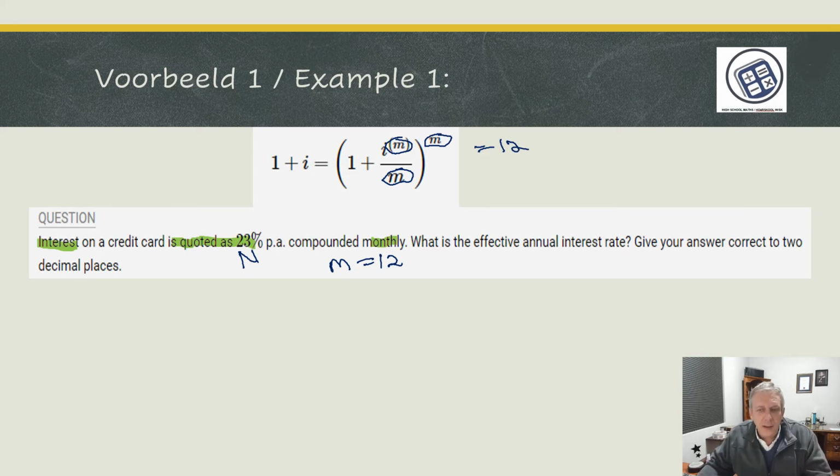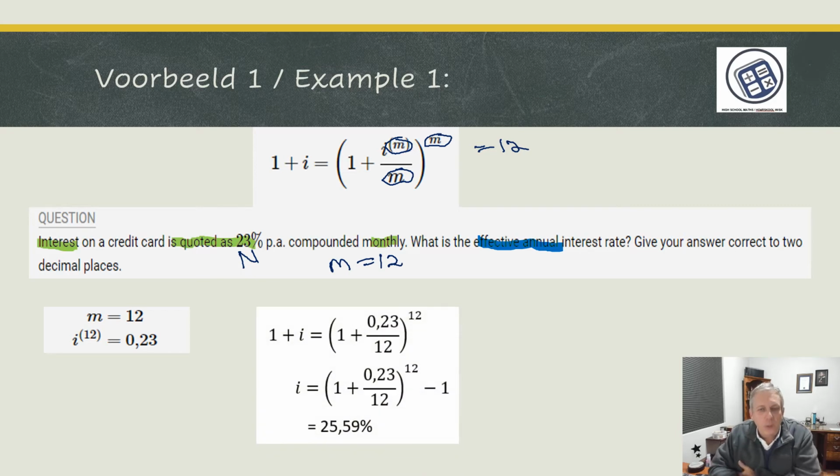All three of them should always be exactly the same. Alright, so if this is the nominal rate, then of course the question will be, what is the effective rate? They will ask us, what is the effective annual rate? So as we said, m will be 12 and i_12 will be 0.23. So we just go to our formula and enter what we need.